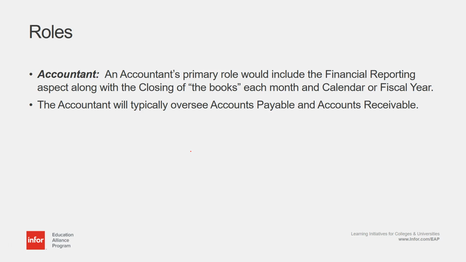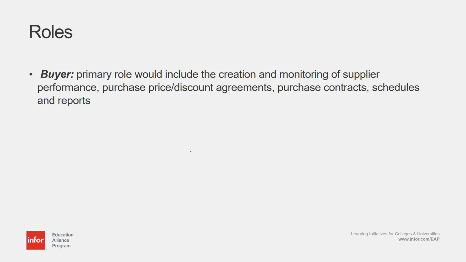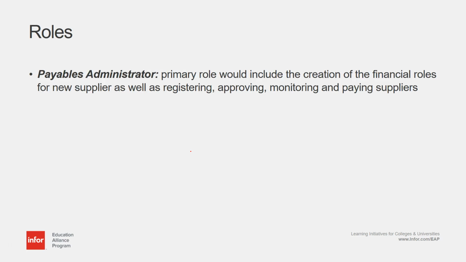The accountant will oversee accounts payable and accounts receivable. Then there's the buyer, who simply monitors the supplier and maybe creates a purchase order, establishes a contract, maintains schedules, and generates reports for the items that have been purchased.